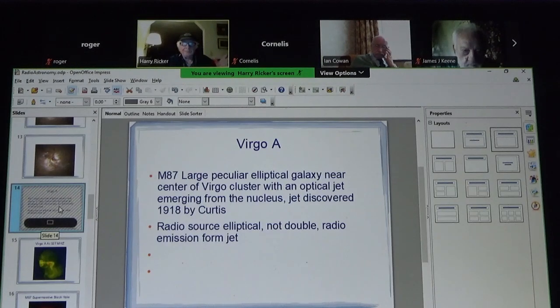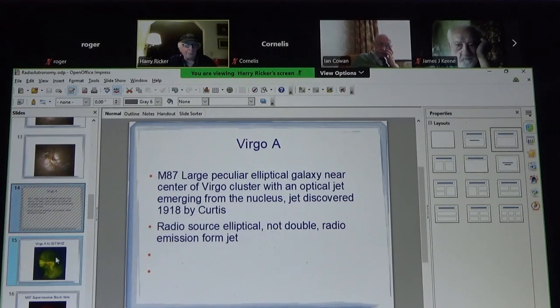Okay, I'm going to talk about Virgo A, which is really quite interesting, also known as M87. This is probably the most thoroughly studied radio galaxy. I could probably talk about this for quite a long time. It's an elliptical galaxy located in the Virgo cluster, a well-known galaxy cluster in the constellation Virgo.